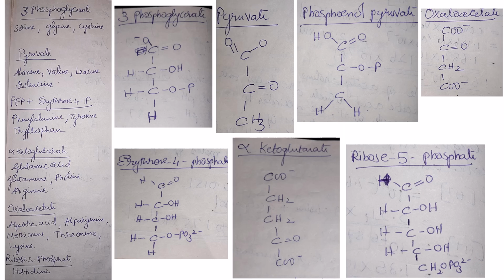Now you have to be very clear about the structure of the various intermediates as well as which amino acids they are involved in synthesizing. This you have to clearly learn, only then you will be able to answer that question.